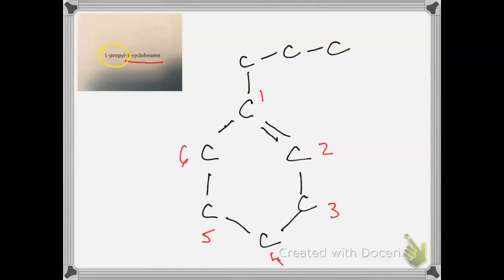Next thing we're going to do, and in this case I'm going to erase all the numbers, because once we've got everything finished and we're on this final hydrogen step, all we're going to do is fill in all the hydrogens. Keep in mind carbon bonds 4 times. So it should look like this.